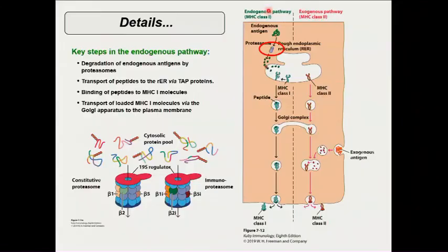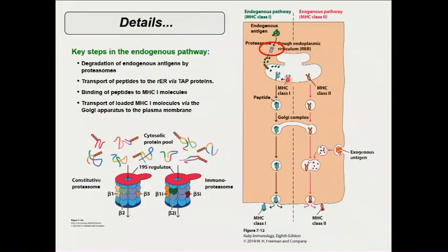We start with the endogenous pathway. So we have a protein, likely from a virus, again depicted in green, and then you may think, why should this protein go into the ER and then be presented? That is happening because certain individual proteins end up being misfolded.